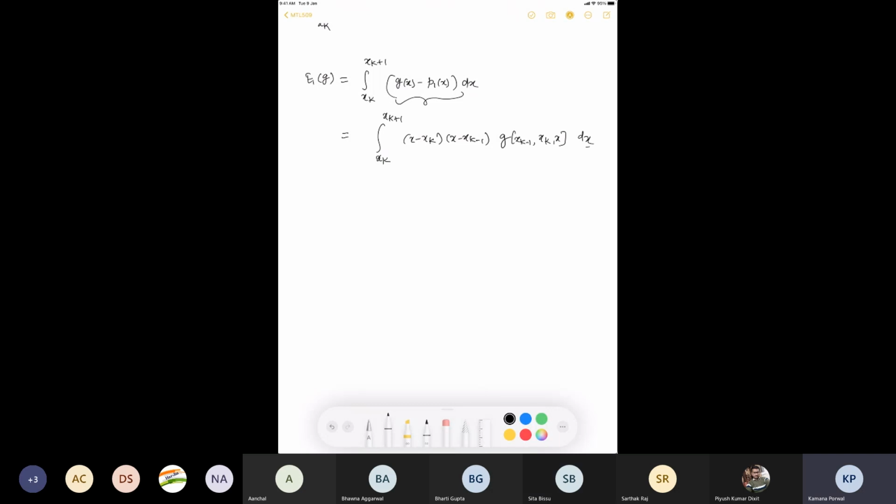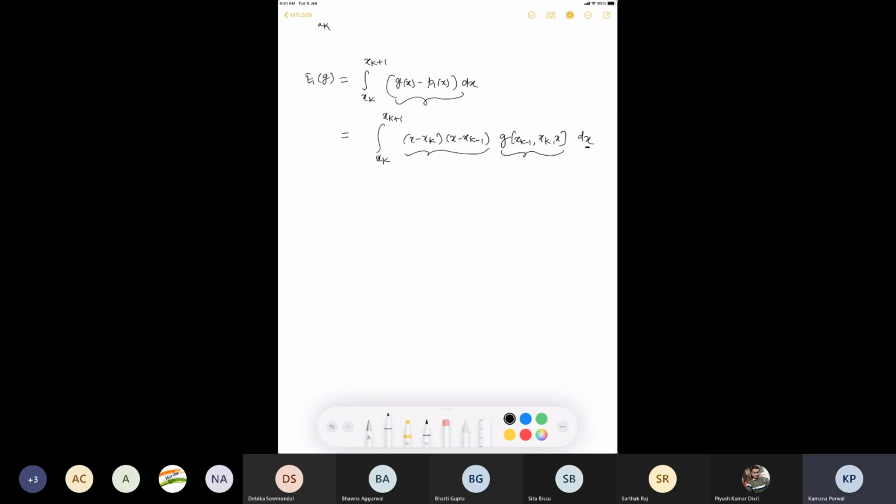We are integrating over the interval xk to xk+1, so x is always greater than or equal to xk, which means that this quantity is always greater than or equal to 0. So you can apply the integral mean value theorem. Basically I can take out the factor at x equal to some xi, and then I will use the relation between the divided differences and the derivatives.